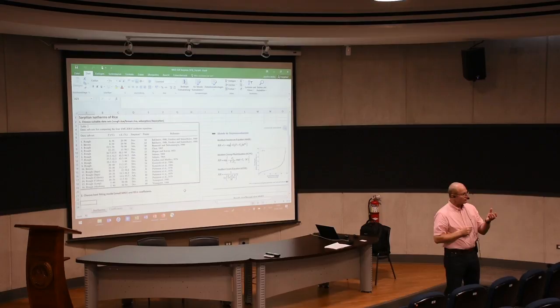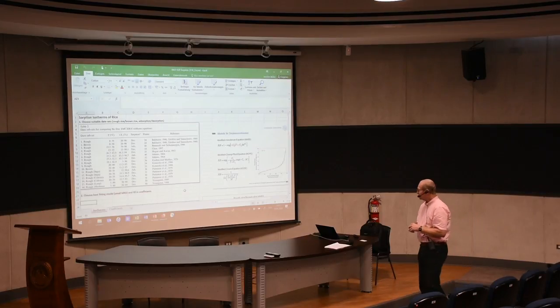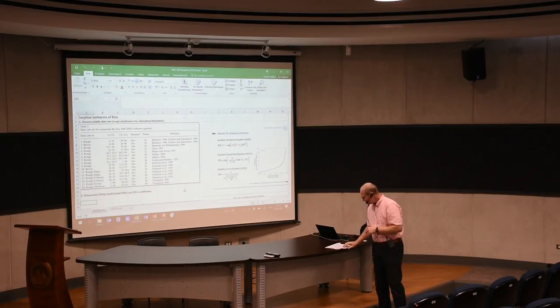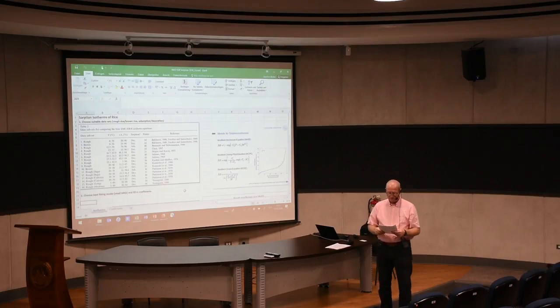For the more hygroscopic coffee, you can allow a higher moisture content to have the same water activity. And this might be the reason why the buyers no longer ask for the moisture content, but directly for the water activity. Okay. So now to this paper about the sorption isotherms of rice.